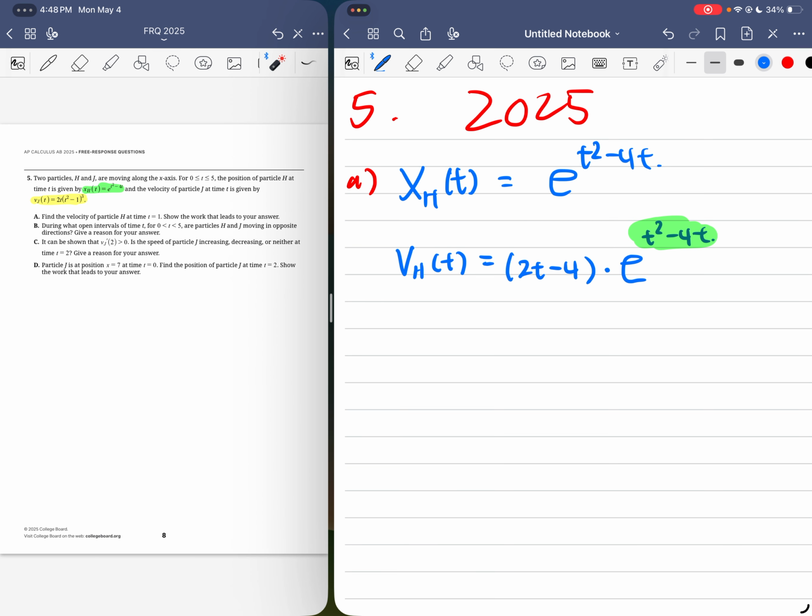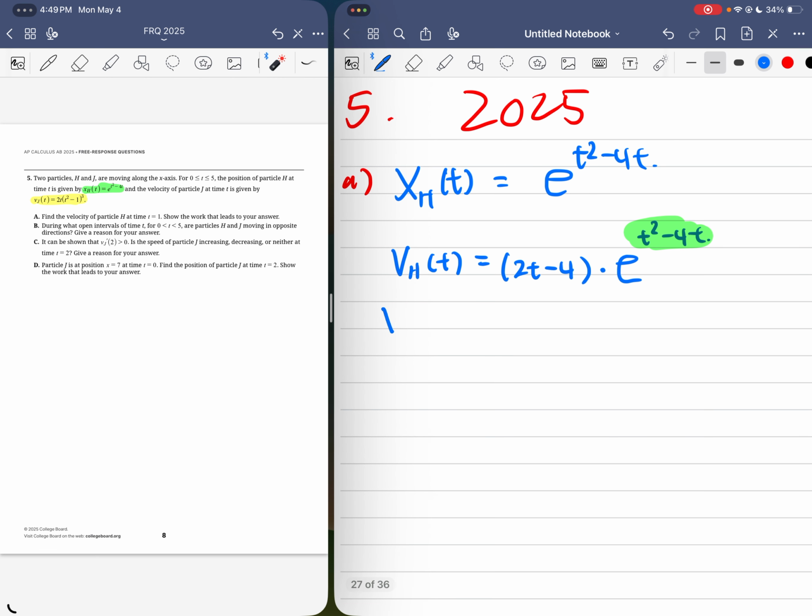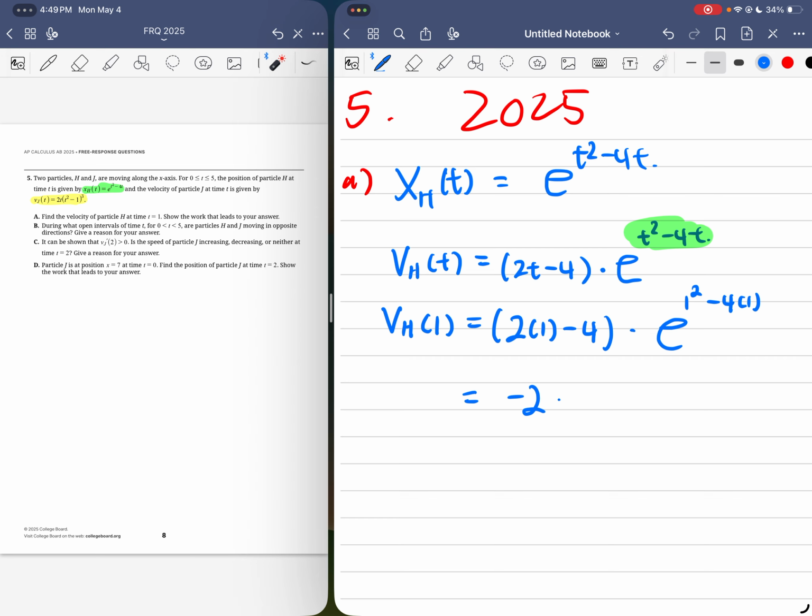So that's the velocity. But the question says, what's the velocity when t equals 1? So we just have to plug in 1. So 2 times 1 minus 4, times e to the 1 squared minus 4 times 1. 2 times 1 is 2, so 2 minus 4, we will just have negative 2 times e to the 1 minus 4, which is negative 3. So it's going to be negative 3 here. That's it.